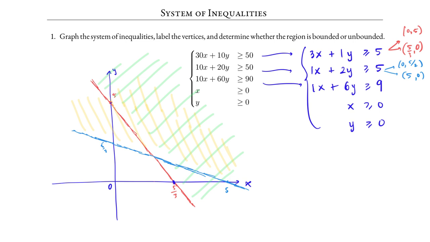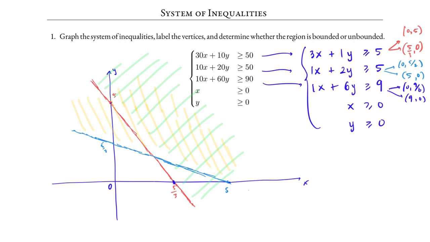For the next inequality, it is a linear inequality, and when x equals 0, y equals 9 over 6, or 3 over 2. And when y equals 0, x equals 9. And so we would plot the 2 points. x equals 9, y equals 0 is one of the points on the line.